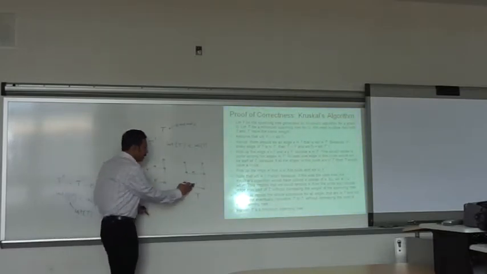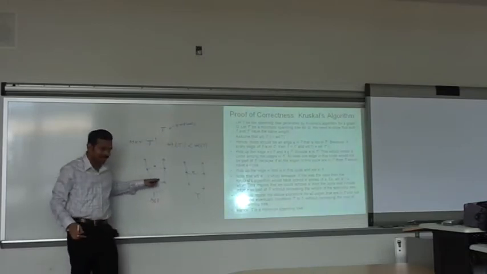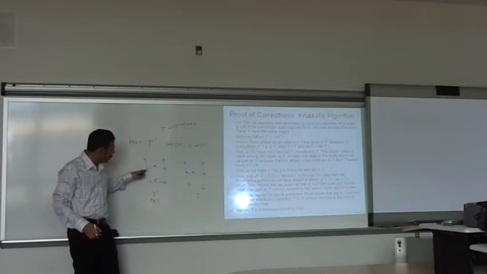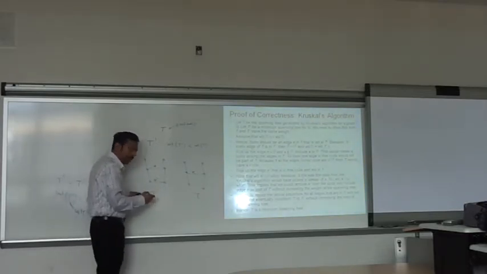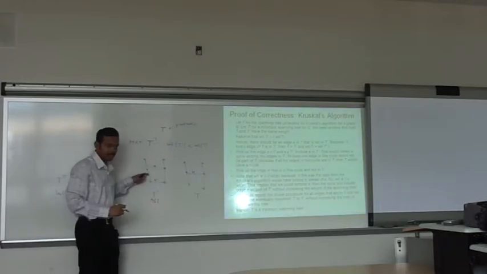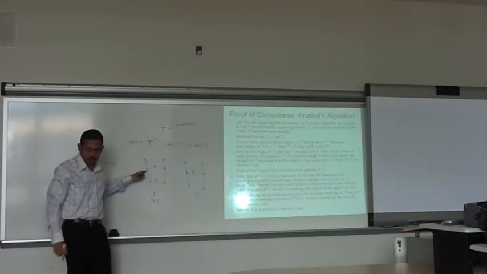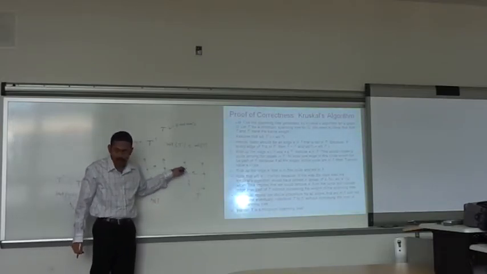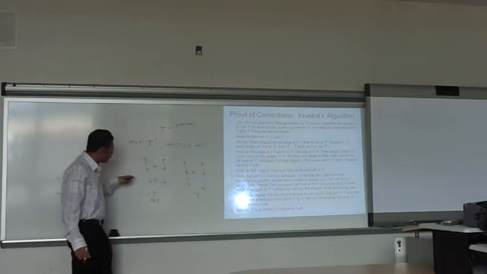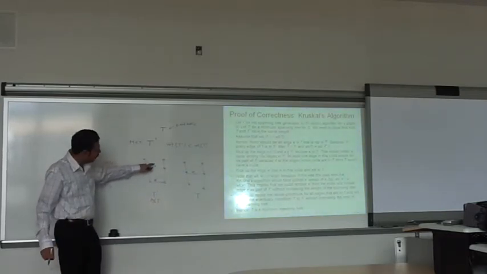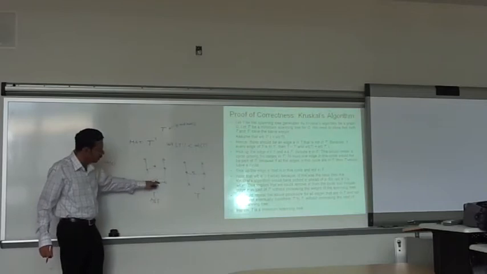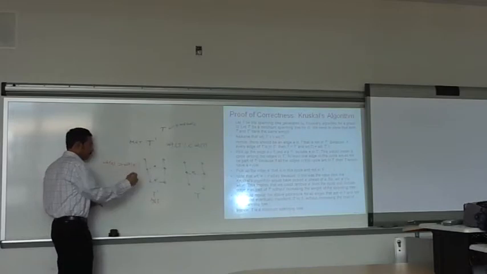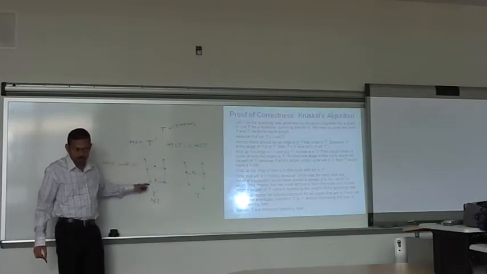So there should be at least one edge, like this E prime, which is part of this cycle now here. And this E prime is in T prime, because you only added E to create the cycle, so the rest of the edges are already in this tree. So there should be some edge like this E prime that is not part of this tree. Right? But by our previous theorem, E is going to be the largest weight edge among the edges in this cycle. So we can say the weight of E is going to be greater than the weight of E prime.